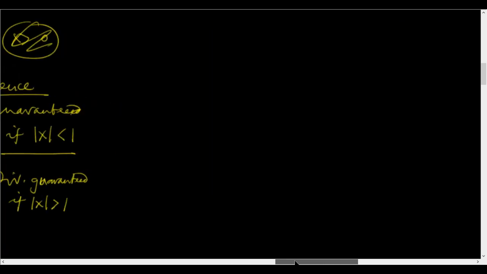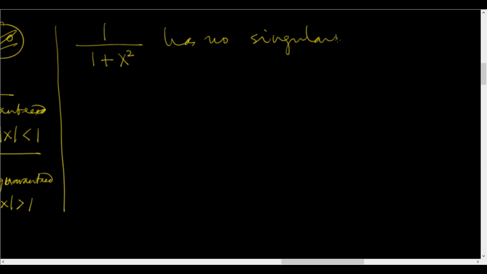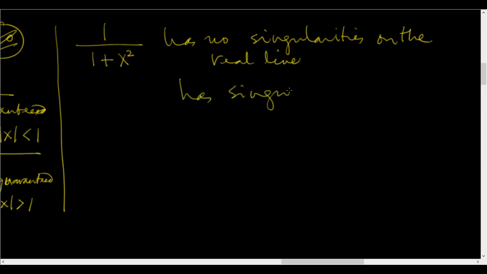That's important because, for example, as you may know, 1 over 1 plus x squared has no singularities on the real line, but has singularities at plus minus i.